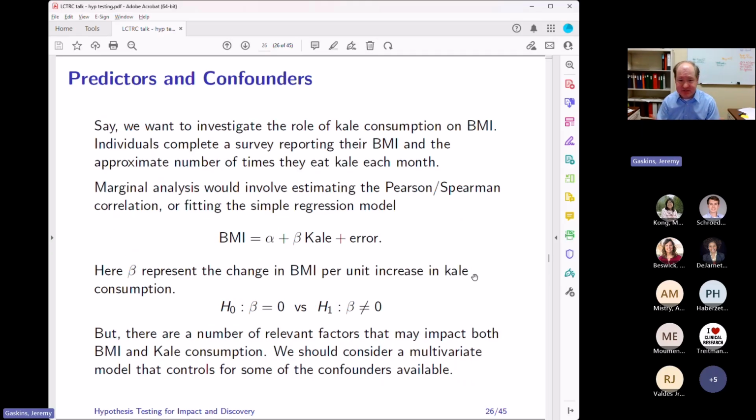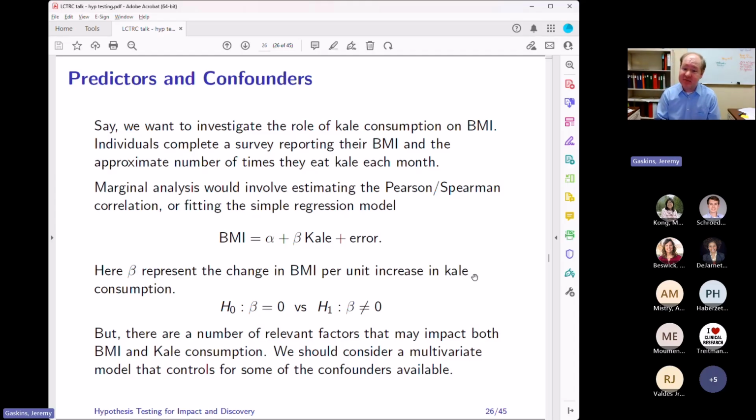And so as a sort of silly example, we might be interested in what's the role of kale on BMI, right? So do patients who eat a lot of kale have lower BMI? Kale's supposed to be healthy, et cetera. And so I can certainly do a marginal analysis. I could fit like a Pearson or a Spearman correlation between the amount of kale an individual consumes and their BMI.